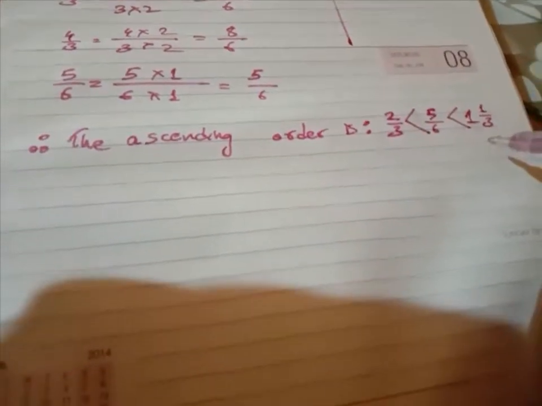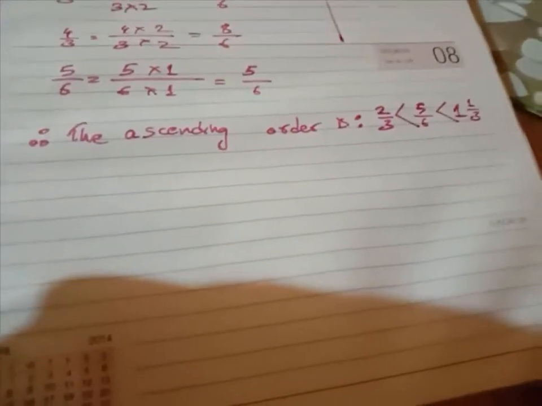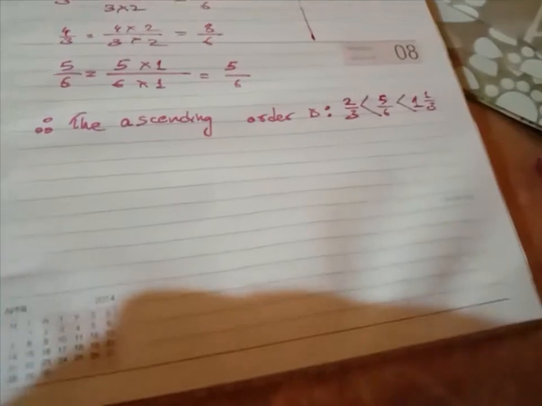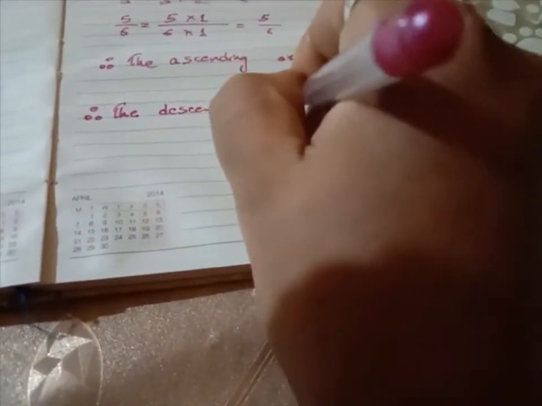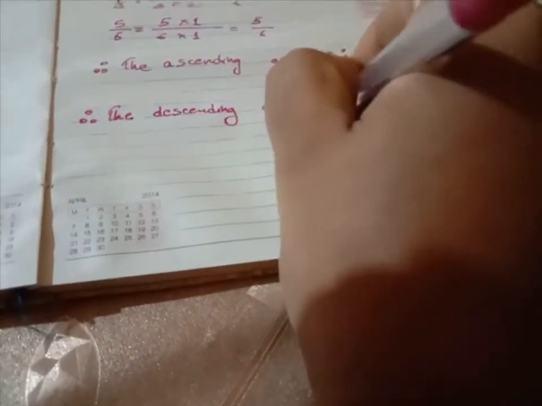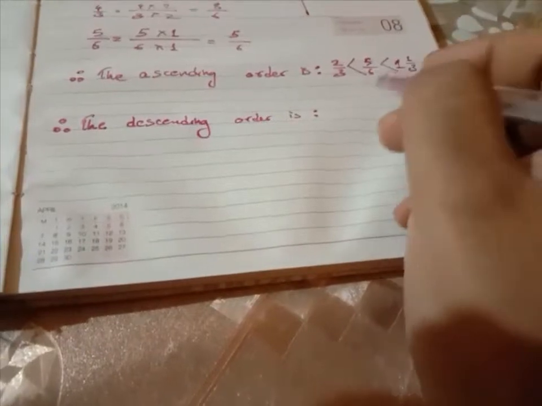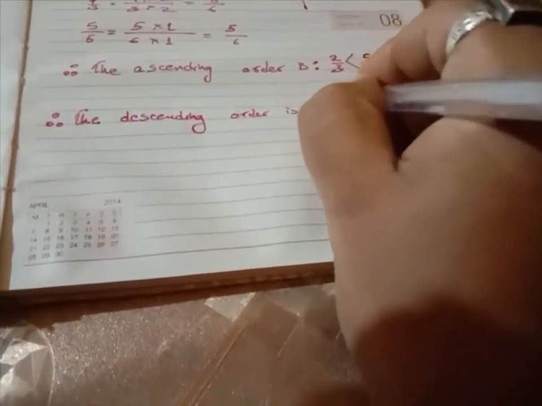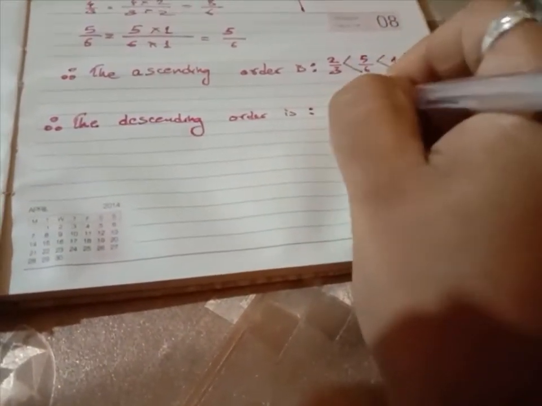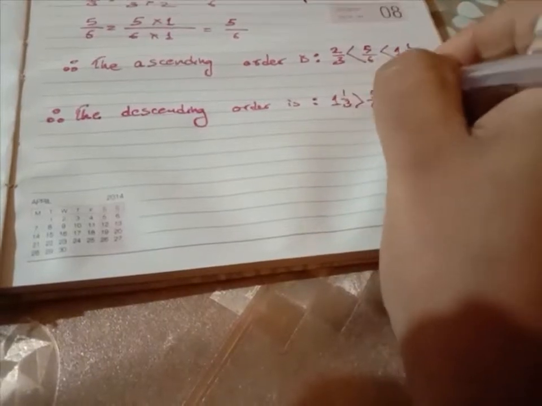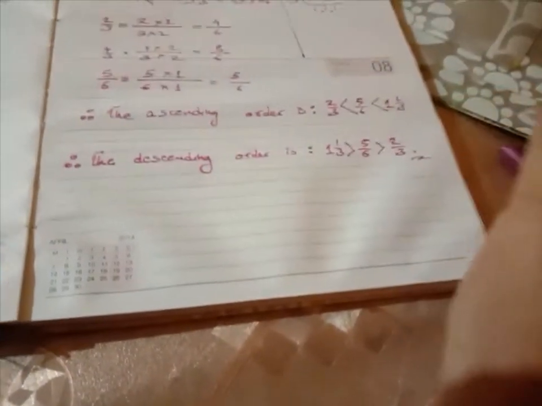So this is how, if in your question you are asked to write the ascending order, you will write like this. And if you are asked to write the descending order, then you will write like this. So the descending order will be larger to smaller, so we will write like this. 1 by 3 is greater than 5 by 6 is greater than 2 by 3.